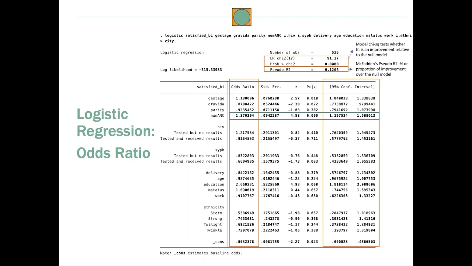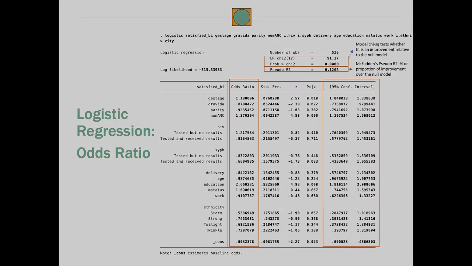Number of ANC, our third significant predictor, has the same thing. And the last significant predictor, education, also has a p-value less than 0.05 and a confidence interval that does not include 1.